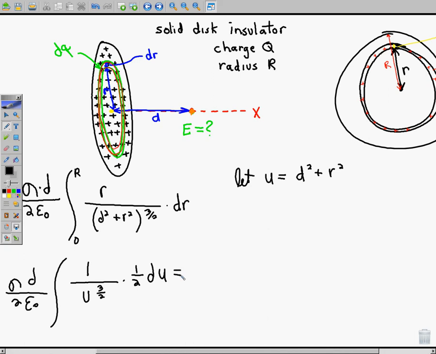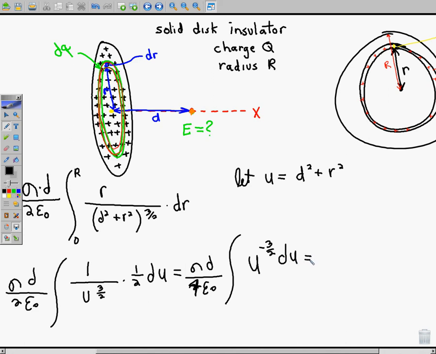This is going to be sigma d over 2 epsilon 0 times the integral of u to the negative 3/2. It's going to be 1/2, bring that out, du.